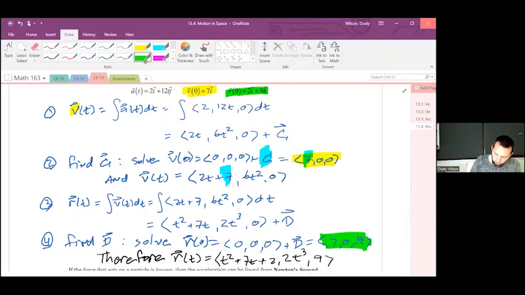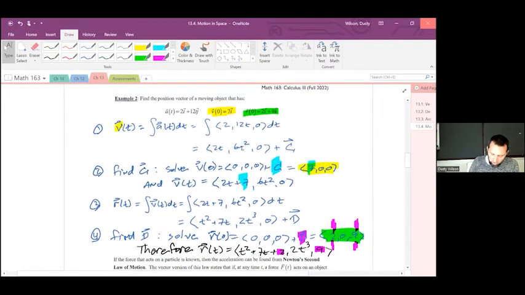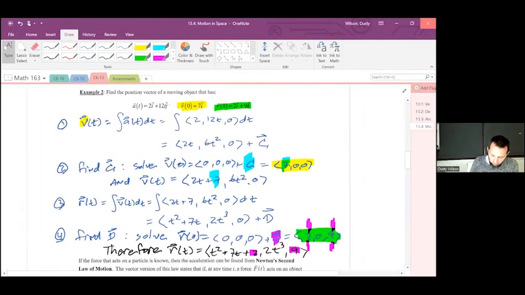And again, notice that the 2 and the 9 here are coming from that d constant vector that we found. So the question asked us to find the position vector of the moving object. Right here, we wanted to find this position vector, that is, find r of t. And sure enough, we found r of t.